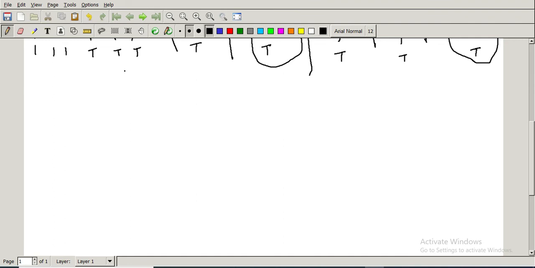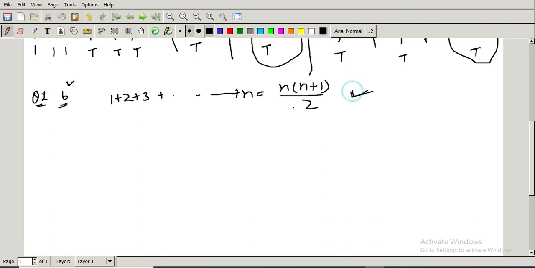This question, the B part, says: prove using mathematical induction that 1 plus 2 plus 3 up to n is n(n+1)/2. We have already done that type of question, right?